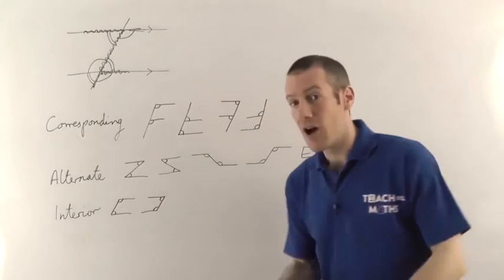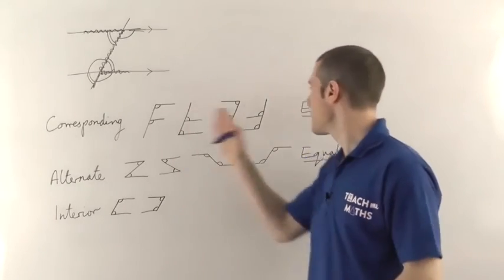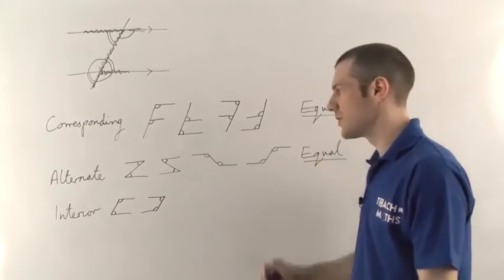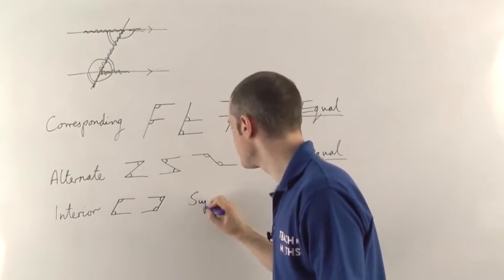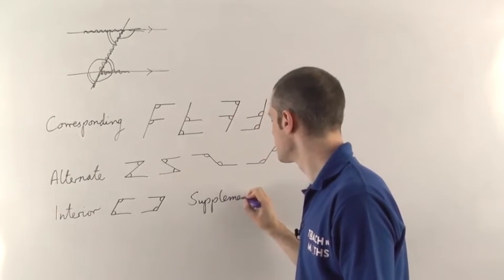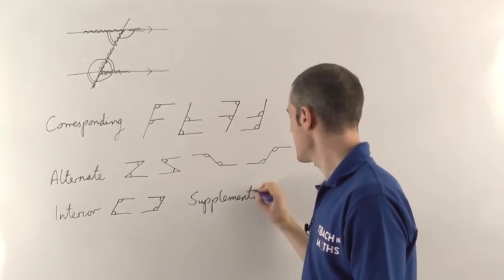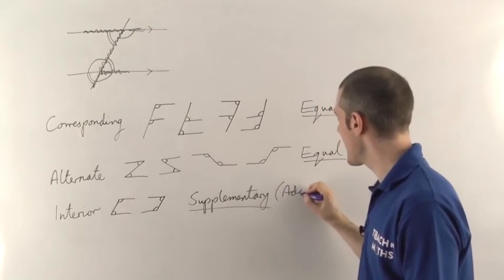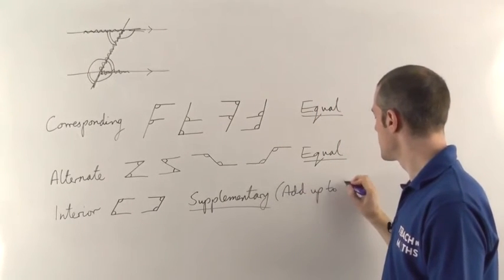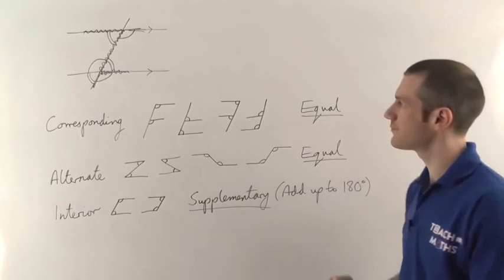And interior angles are not equal. So corresponding angles are equal, alternate angles are equal. Interior angles, though, are supplementary. Supplementary. And if you remember from earlier, that means that they add up to 180 degrees.